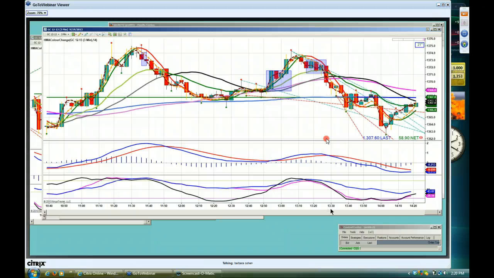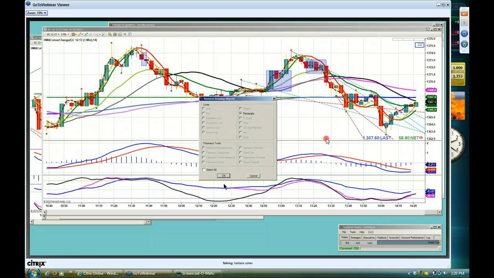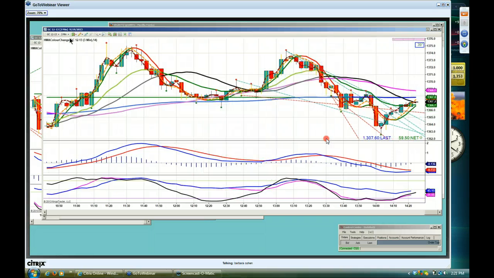So the key thing is, again, to follow the rules for the strategy. They apply on all time frames. So if you're trading a time frame, you just trade the rules on that time frame. You don't worry about what the 1 minute's doing at that point.